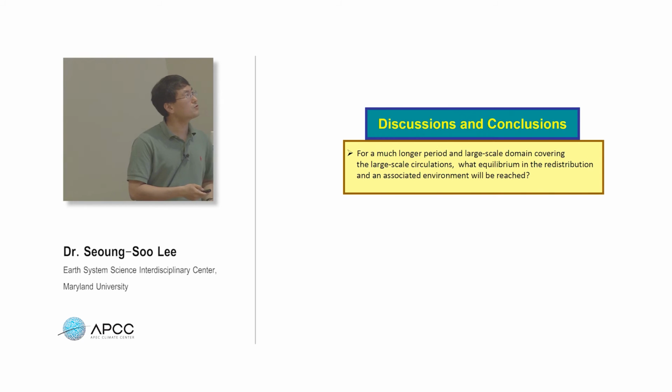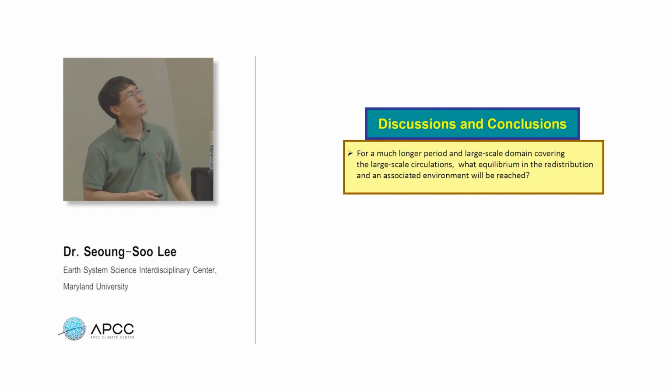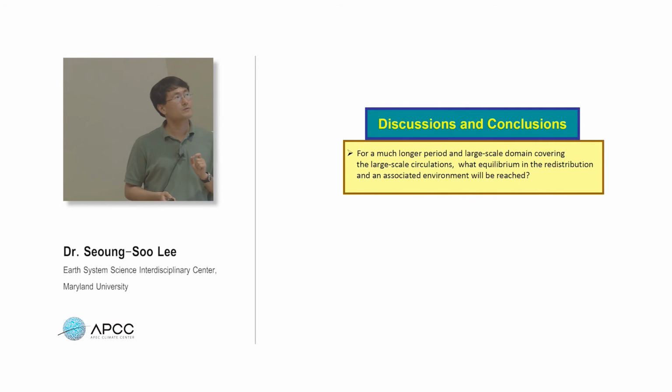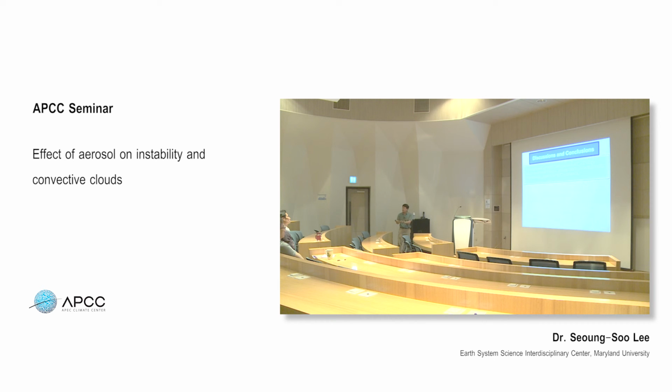We can raise this question for a much longer period and large-scale domain covering the large-scale circulations, like monsoon circulations, what equilibrium in the redistribution and associated environment which will be reached? I think the answer to this question is very important because this equilibrium state will have substantial impact on future distribution of cold air, warm air, flooding, and drought, having substantial implications for us socially and economically.